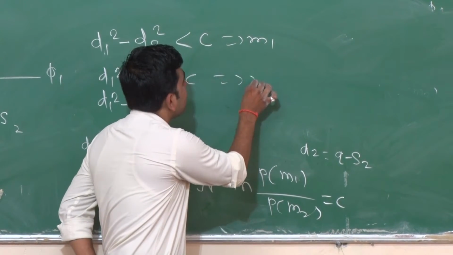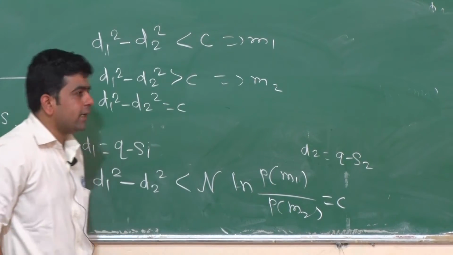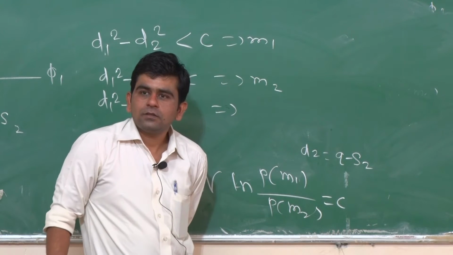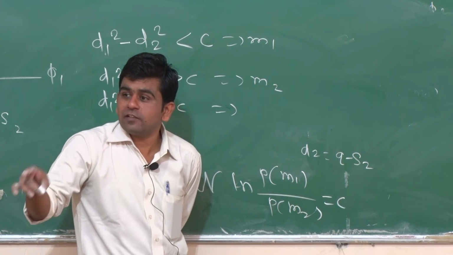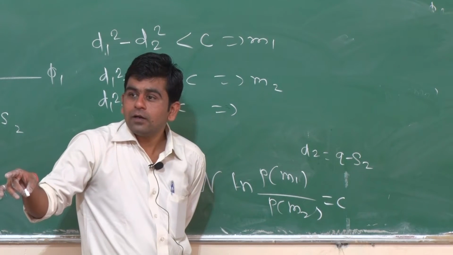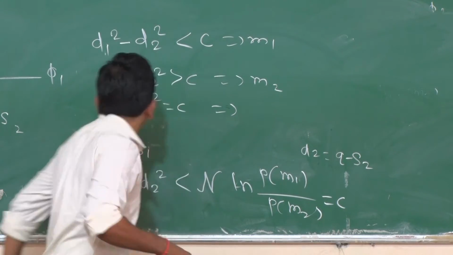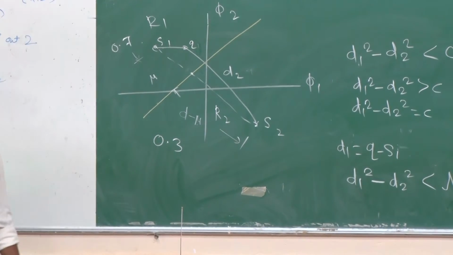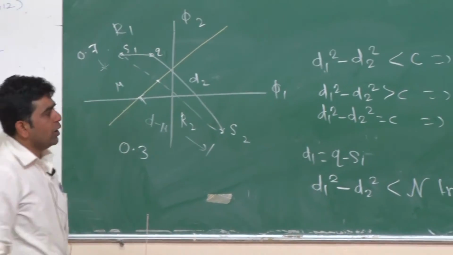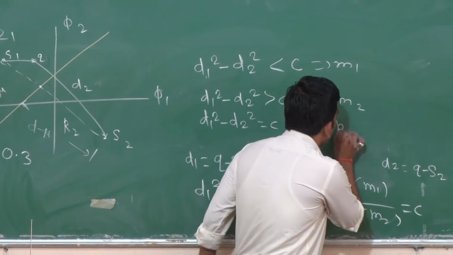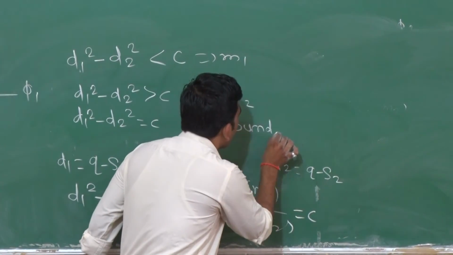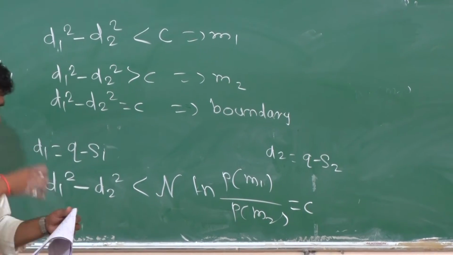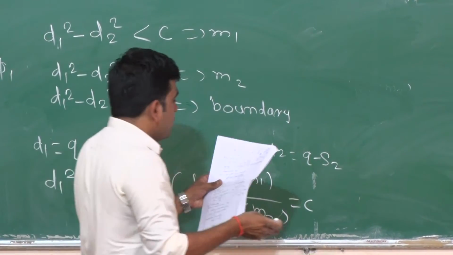In the second case m2 is transmitted, and in the third case q lies on the boundary.